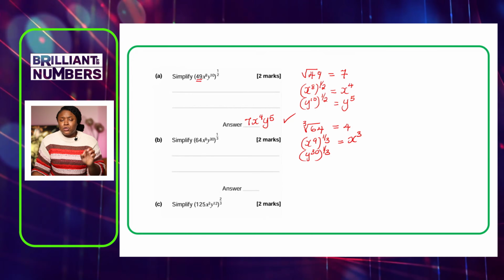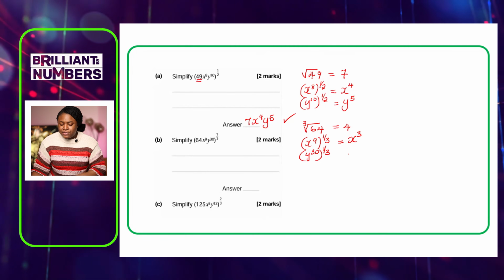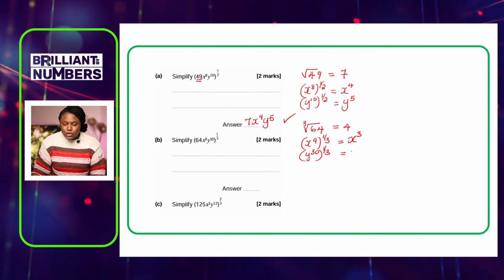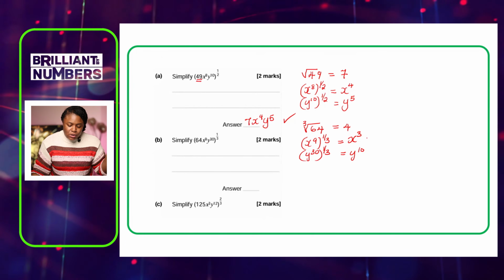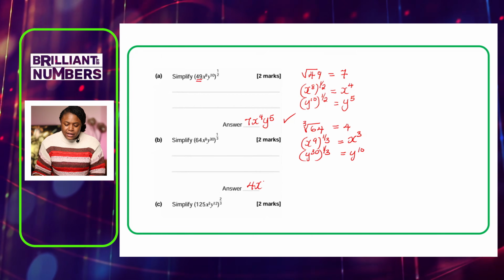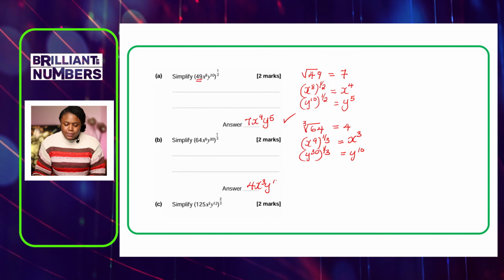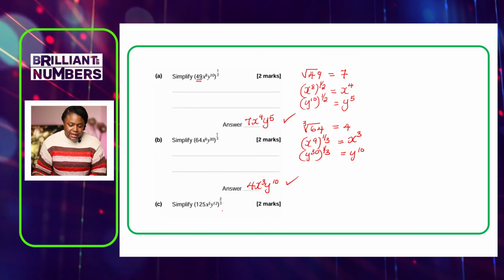So 30 multiplied by 1/3 is the same as 30 divided by 3, which is 10. So I get y to the power of 10. Now that I've done it all, put it all together on my answer line, it's 4x cubed y to the power of 10. Beautiful. Last question on this section.